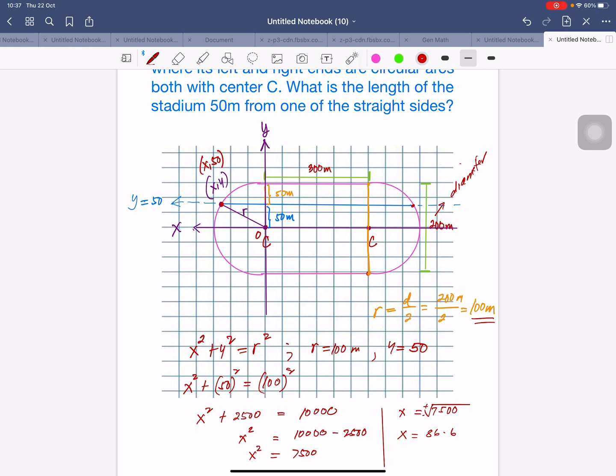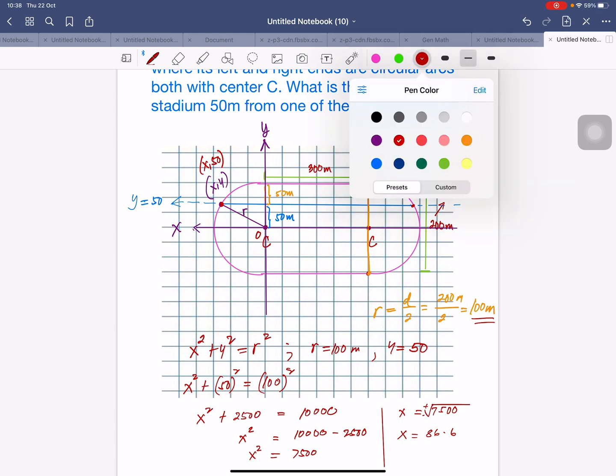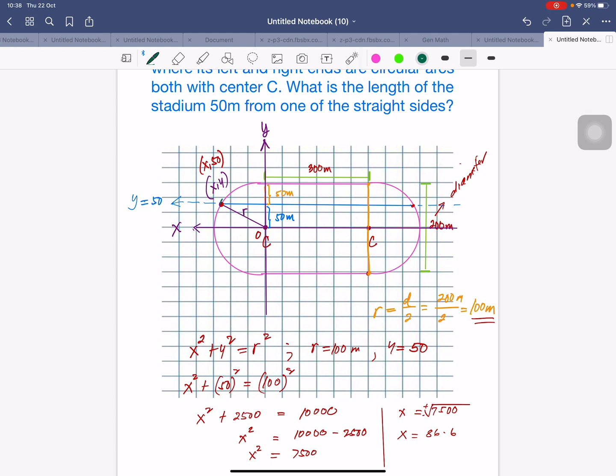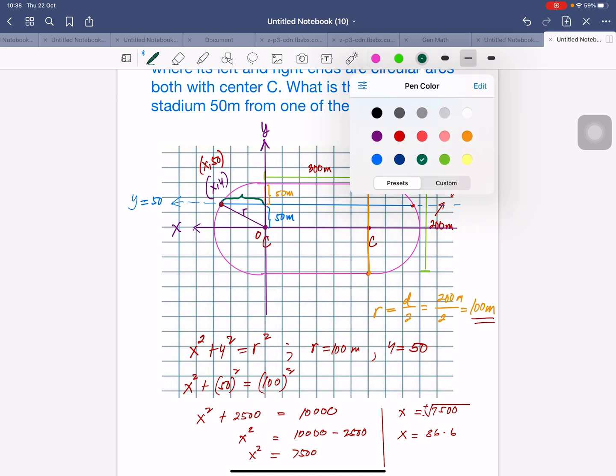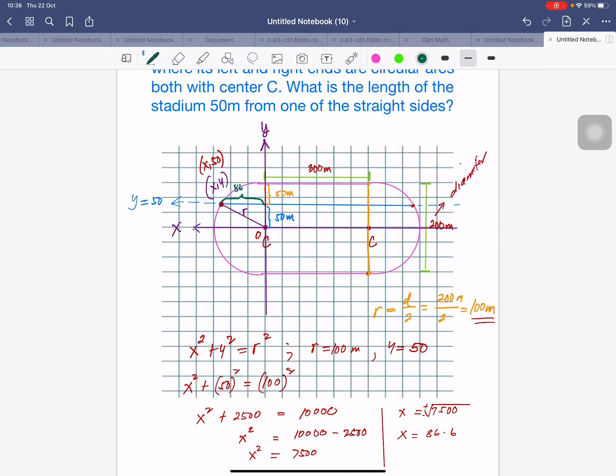And since we are referring to the distance from this point to that point, this distance here is 86.6.